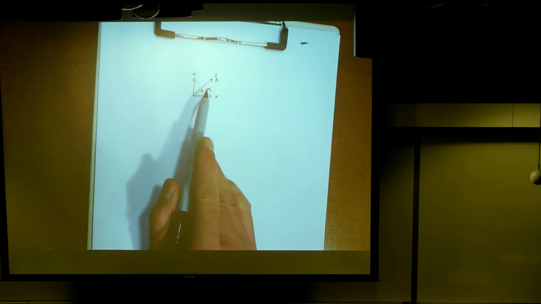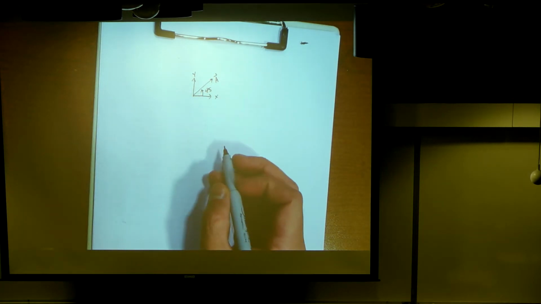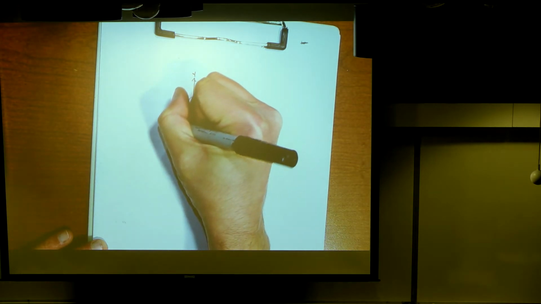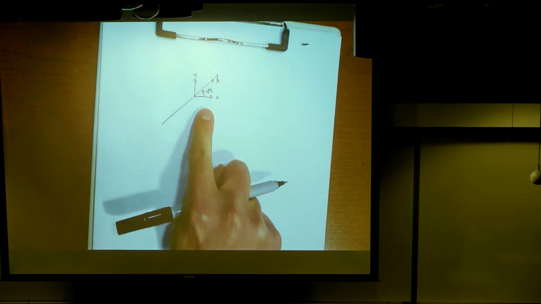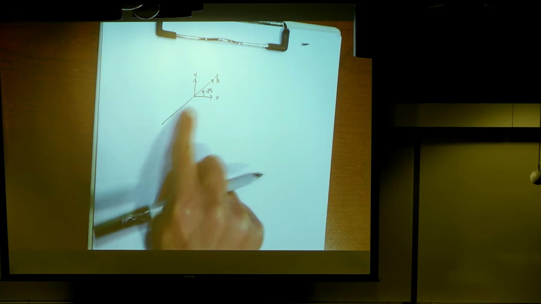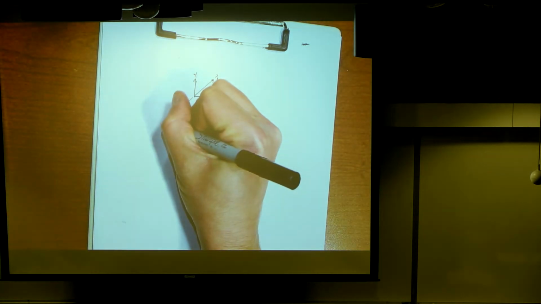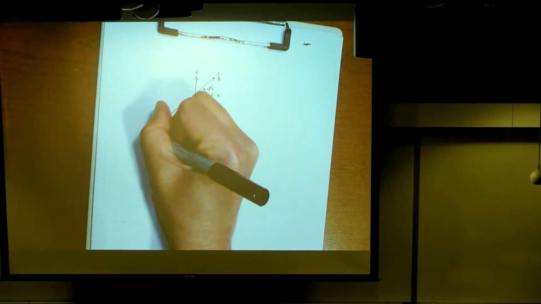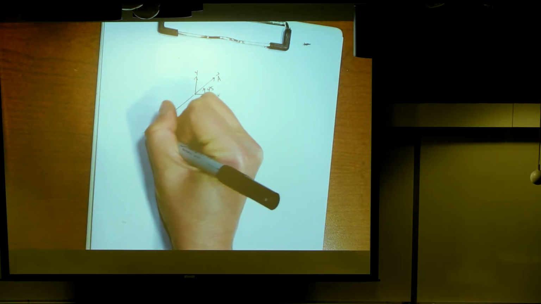Okay, if I take this vector and I multiply it by a negative scalar, I automatically know that the direction gets flipped around. So it's pointing in the opposite direction, down here somewhere. But since the scalar is minus 3, that means I'm going to be tripling the length. So if I want to indicate that I'm tripling the length, I'll draw it 3 times as long like this. And there's my vector minus 3A. Okay?